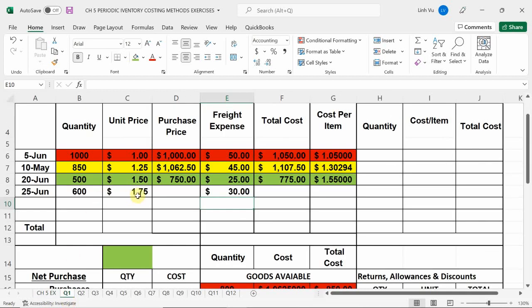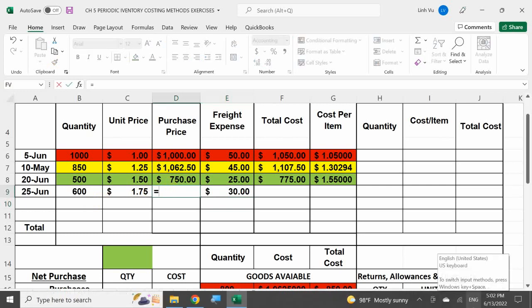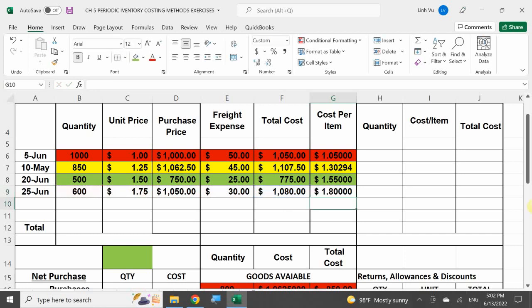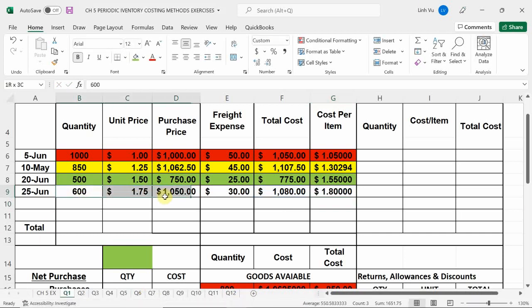So purchase price here is going to be $1,050. $1,050 plus 30 is going to give you $1,080, which if I divide evenly amongst 600 units, should be costing me $1.80.